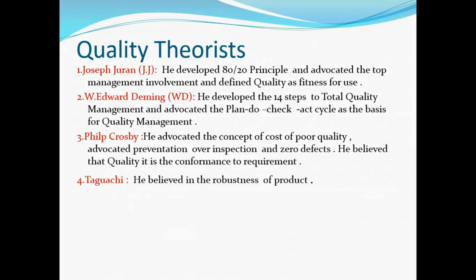It means that if you solve 20% of the problems, you will be able to solve 80%. As well, he said that it is top management's main role to get quality implemented into the organization. He also defined quality as fitness for use.